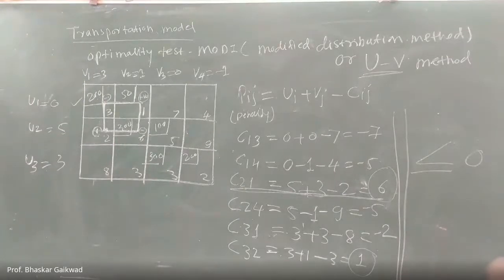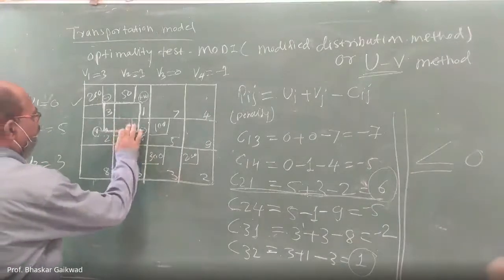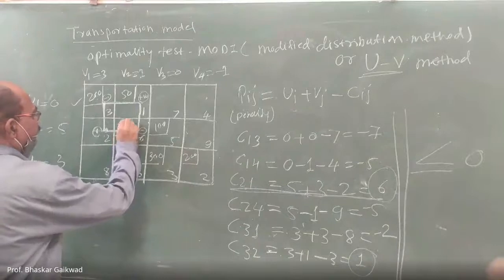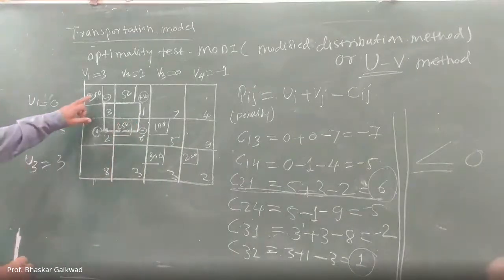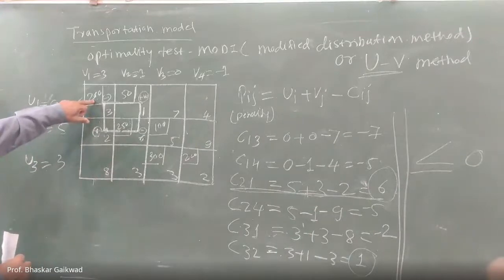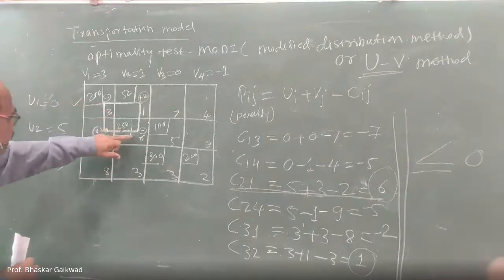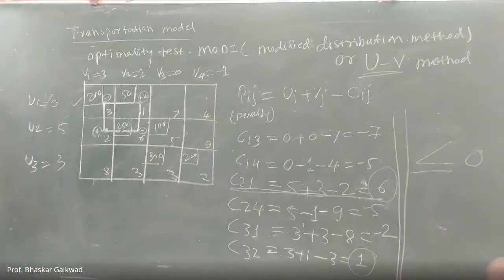I think there is also a problem here. It is 250. So out of this the minimum value is 200. So you can deduct from this and add in this. And you have to go for the next solution.